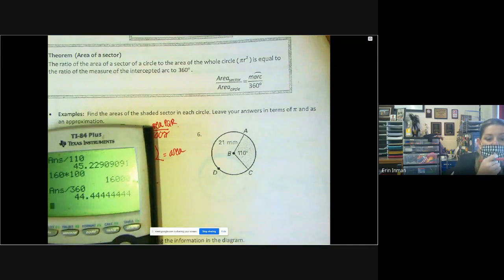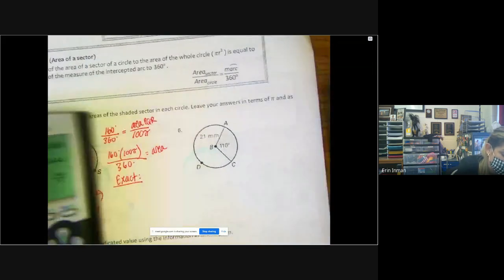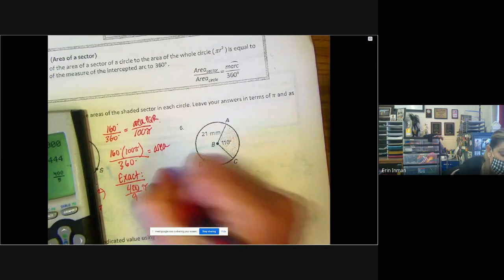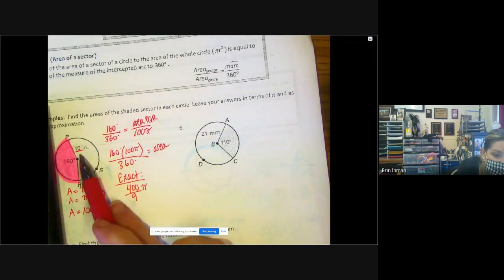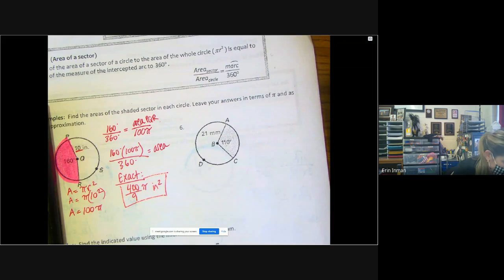Do you guys remember what we would hit to change that decimal into a fraction? Math button, good. And then I hit the fraction and hit enter again. And it's 400 over 9. Ugh, crazy answer. Okay, so 400 over 9, and we can't forget that it's in terms of pi with our exact answer. Now, because it was radius squared, that's inches times inches. So area is always going to be a square for our unit.